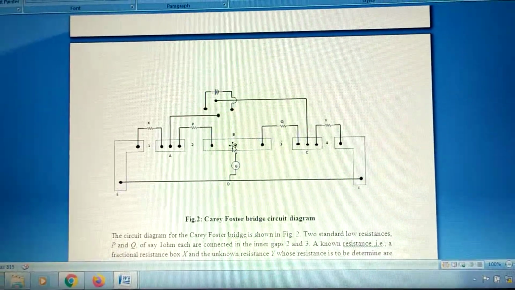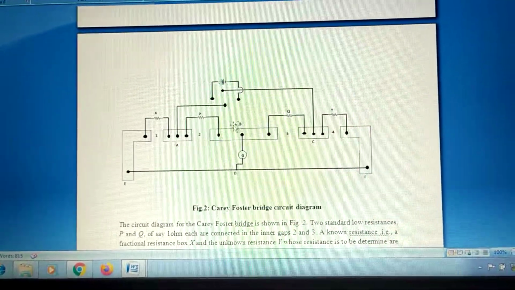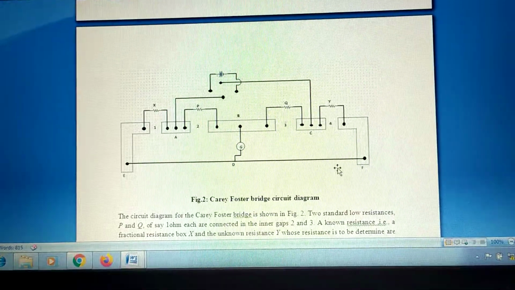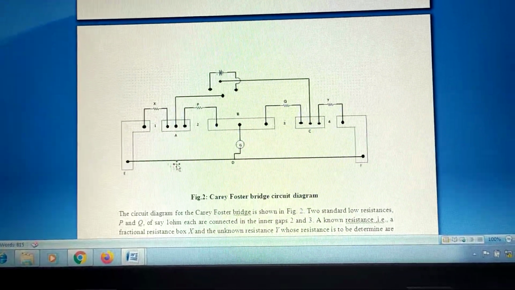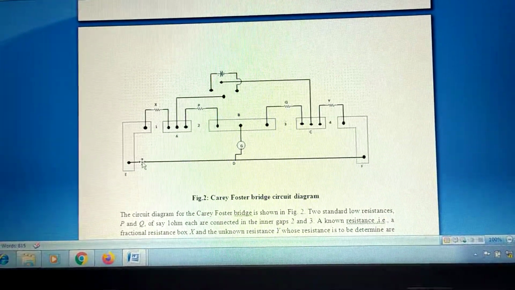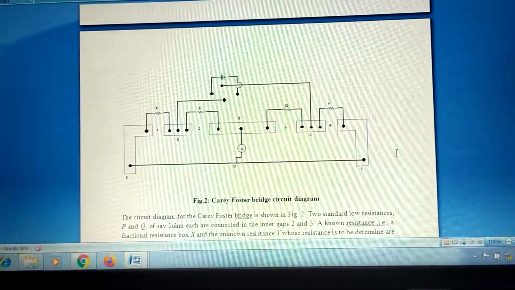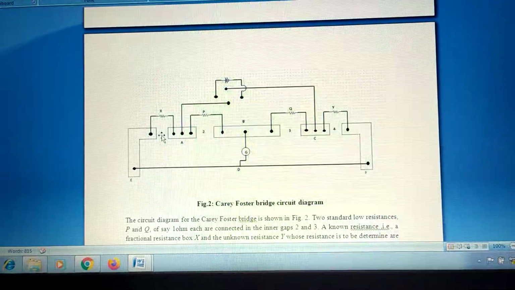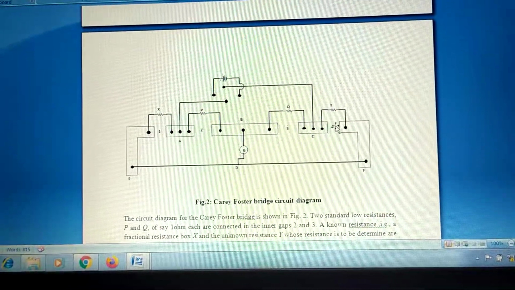This is the circuit diagram of the Carey-Foster-Bridge. It is a meter bridge, a 1 meter long bridge wire. First you need to calculate the resistance per unit length of this bridge wire and then determine the unknown resistance. There are four gaps: gap 1, gap 2, gap 3, gap 4.